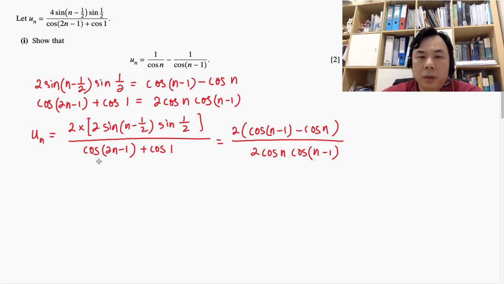All right, there you have it. And then right after that, we can simplify the 2, of course, and then divide and conquer this expression to produce its partial fraction. So therefore, this will become something like this now.